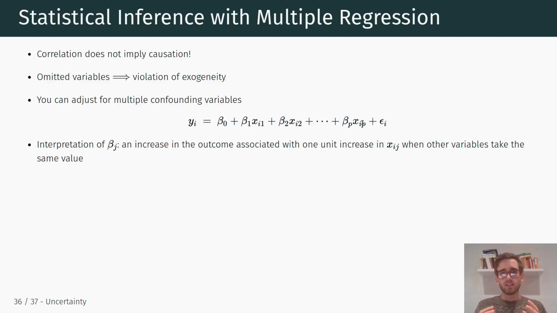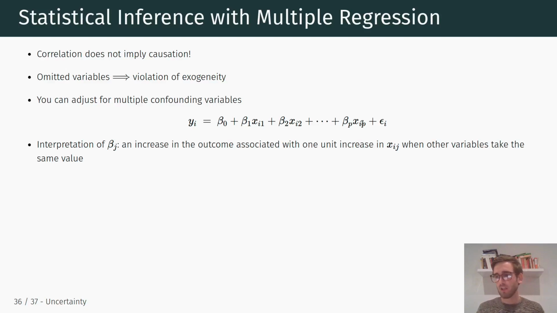But we still have to take into account that even if we control for a relevant set of variables, we cannot necessarily assume that the effects that we observe can be interpreted as causal effects.